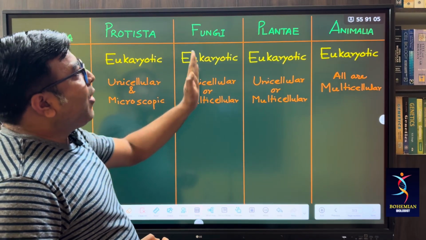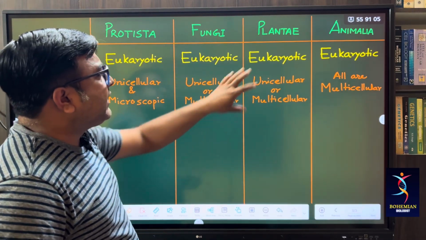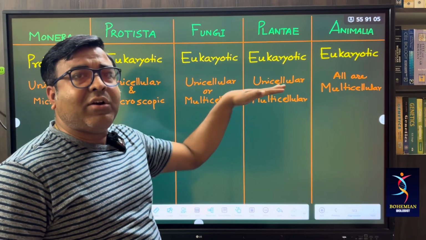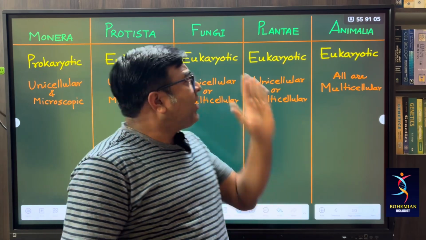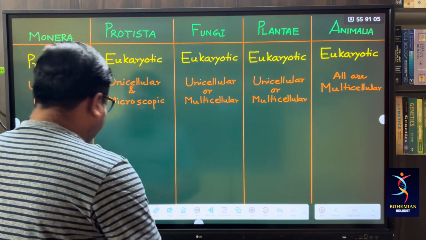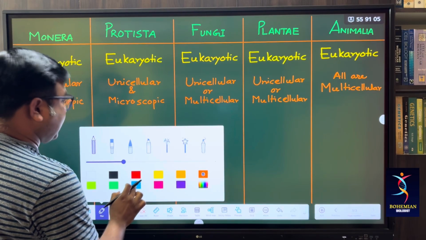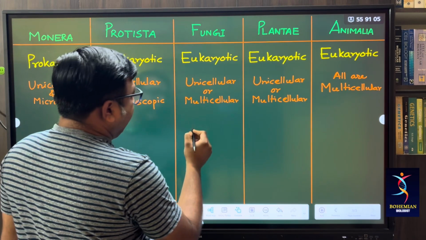Here, in case of fungi and plantae, both characters are the same: eukaryotic, unicellular or multicellular. So the question is, what is the difference between fungi and plantae? So I would like to discuss fungi.